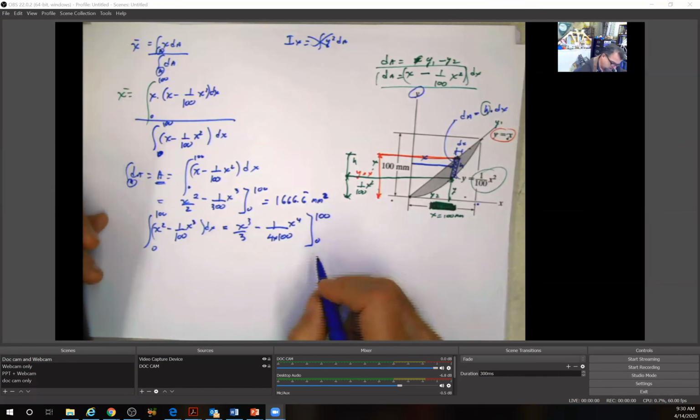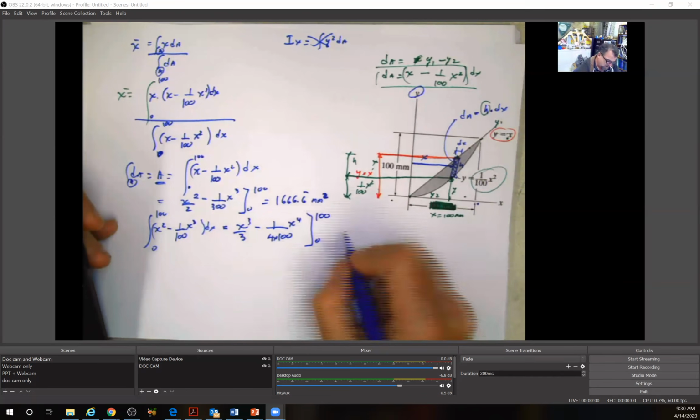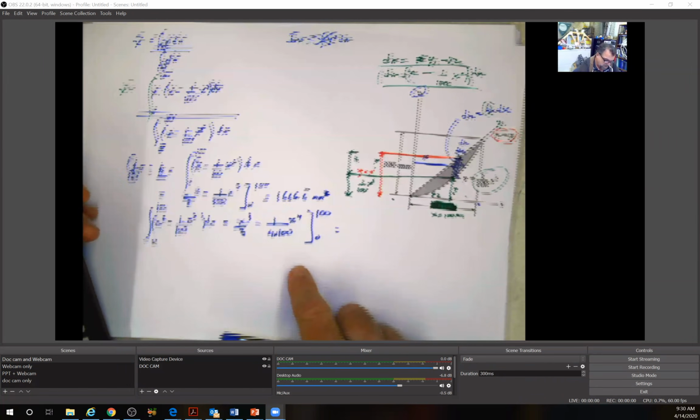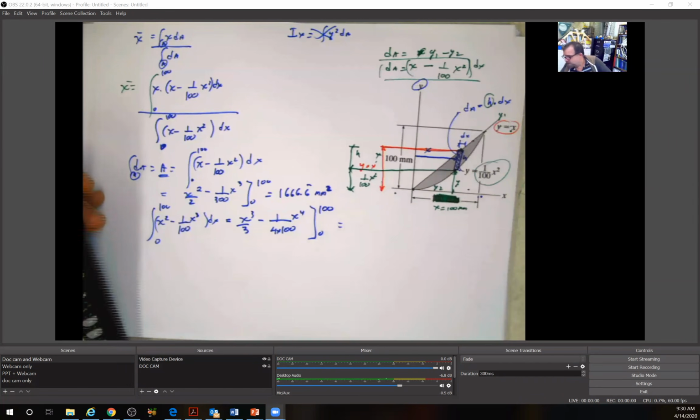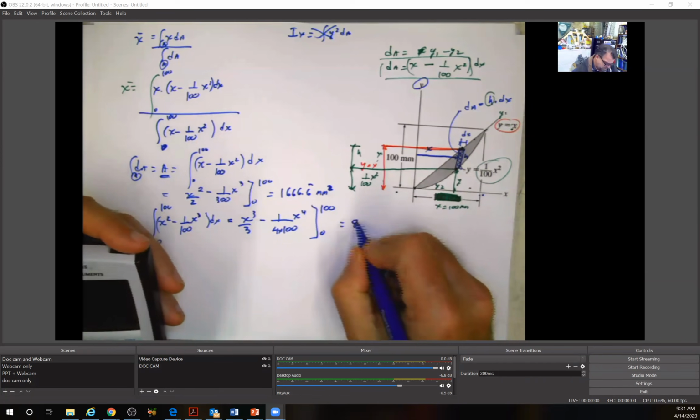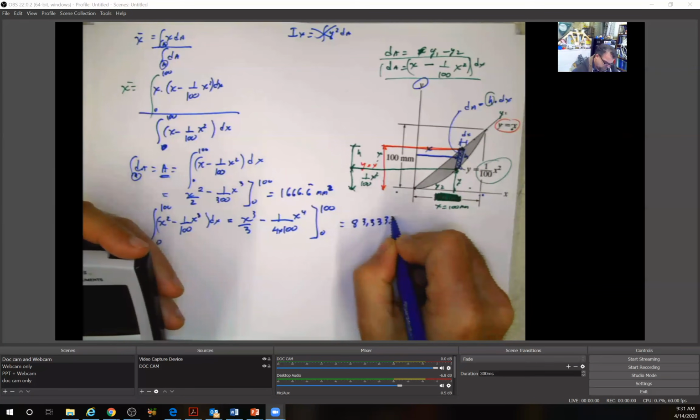We can evaluate this, and the numerator is going to be 100 to the third divided by 3 minus 100 to the fourth divided by 400, which is 83,333.3.